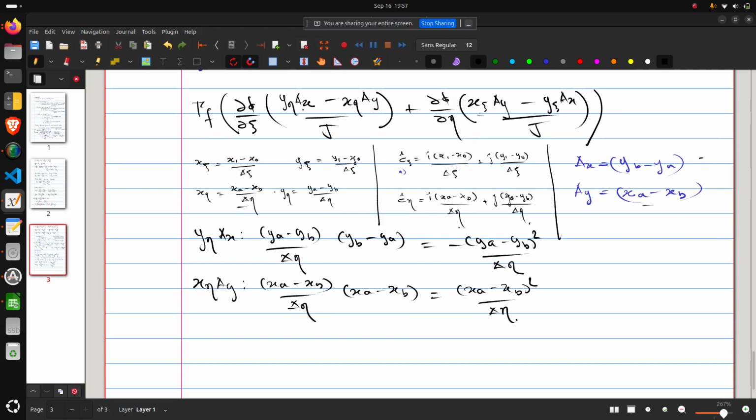Now if we just add these two terms, just look at the first term here. Just take the negative sign outside.